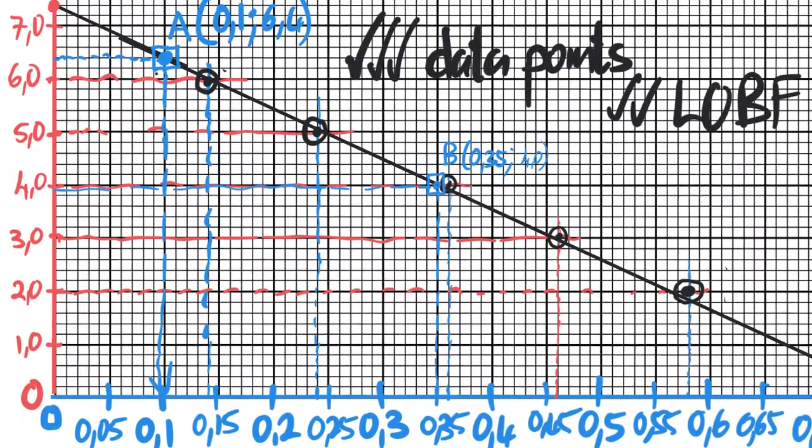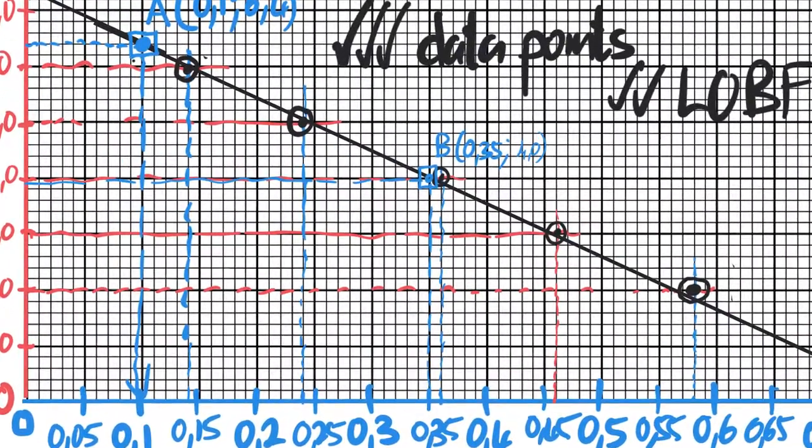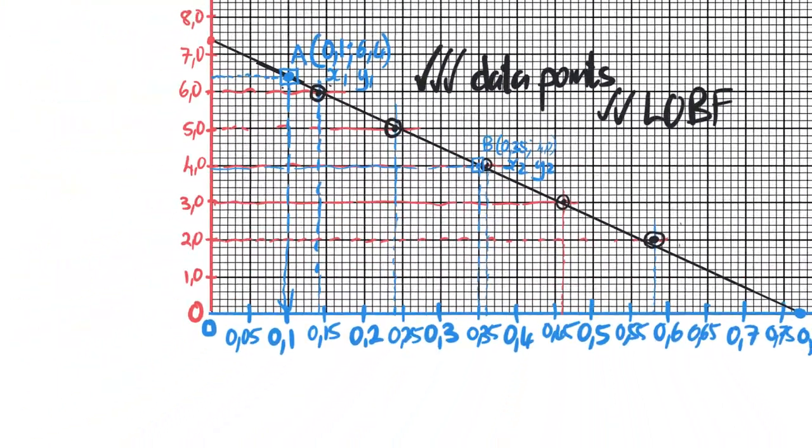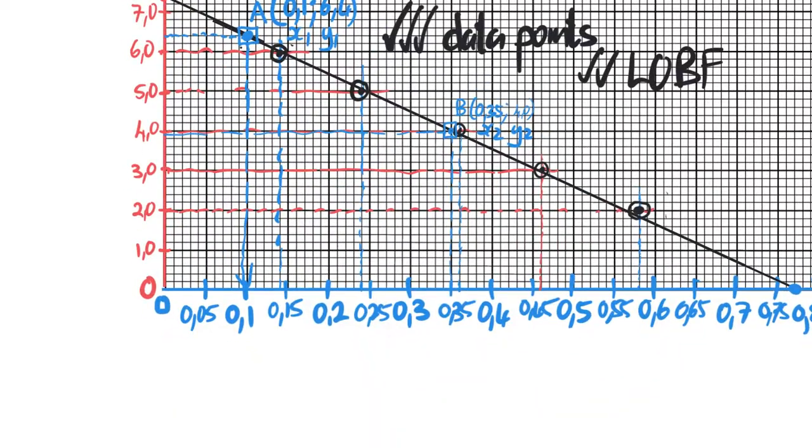So we've identified 2 points on the line of best fit. I'm going to call this point x1, y1, and this point x2, y2. And now using those 2 points, I'm going to work out the gradient.